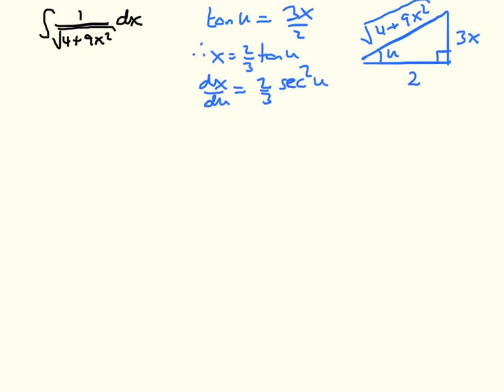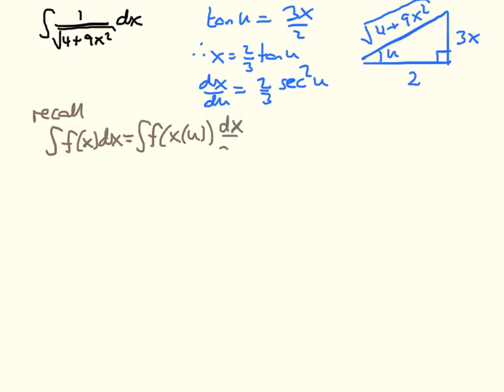And let's now recall the key formula that we are using here. The integral of f of x integrated with respect to x can be rewritten as the integral of f of x written in terms of a new variable that I'm calling u, insert by hand dx/du, and then integrate that with respect to u. And this formula follows from the chain rule.